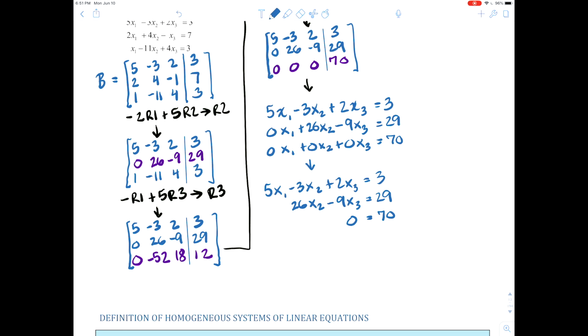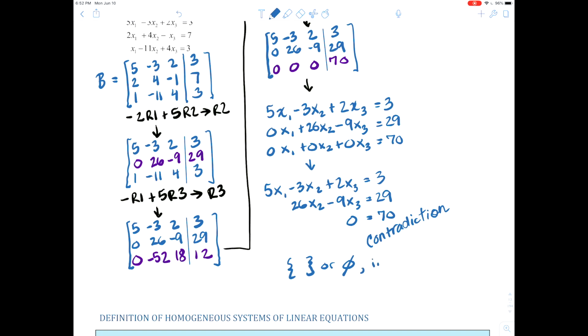Is that true? Does 0 equal 70? Well, no, not unless you've been drinking, right? So here, what we've found is a contradiction. And in this case, the contradiction is going to tell us that we have an inconsistent system. So remember, you do just one or the other. So the empty set, or the null set, represented as the 0 with the line through it, okay?